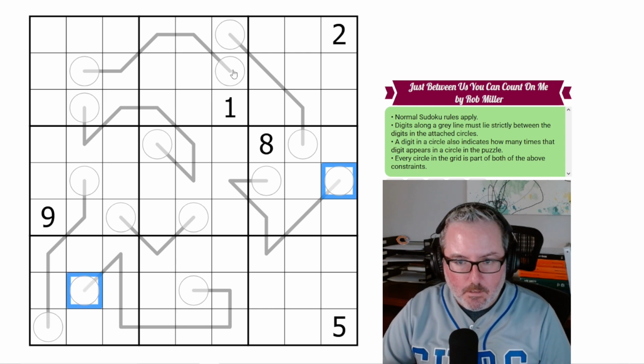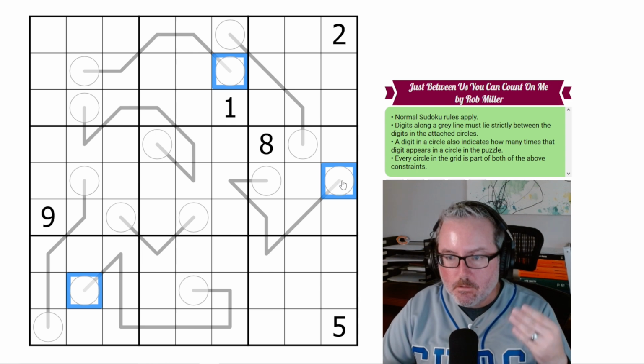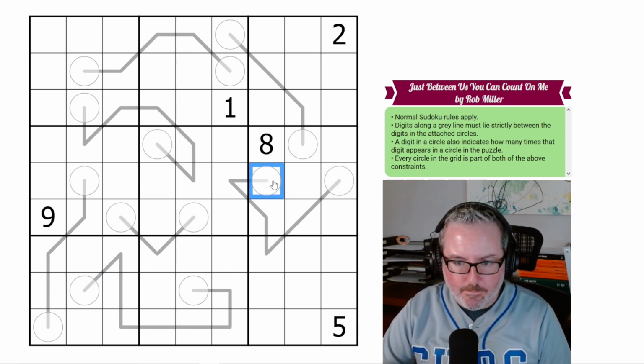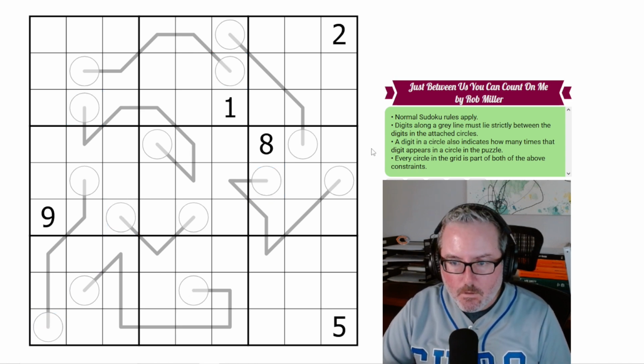So we could have these all be 3, but we can never have any more than that because this one is stating there are 3 3s in our circles. Same would go for a 5. If this was a 5, we would know there have to be 5 different circles that have a 5 in them.